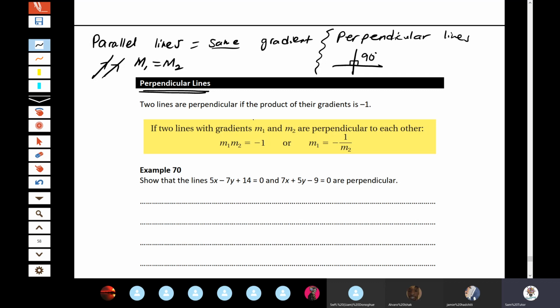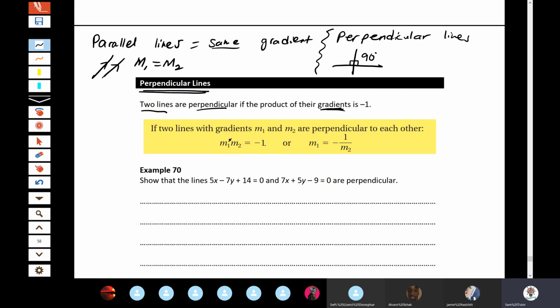And what they've worked out is, if there are two lines that are perpendicular, then if you multiply the gradients, m1 times m2 of the two lines, it always equals -1. If you multiply two gradients of perpendicular lines, they equal -1.